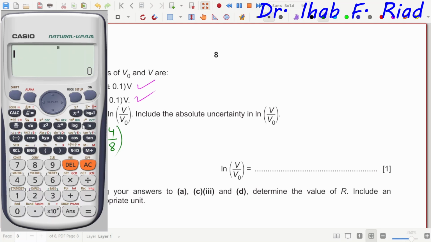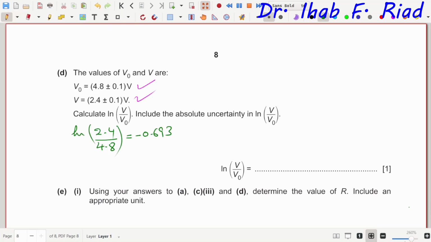So it is natural logarithm, ln 2.4 divide 4.8. I think it is 0.693, minus 0.693, and doesn't have any units. Now include the absolute uncertainty in ln.